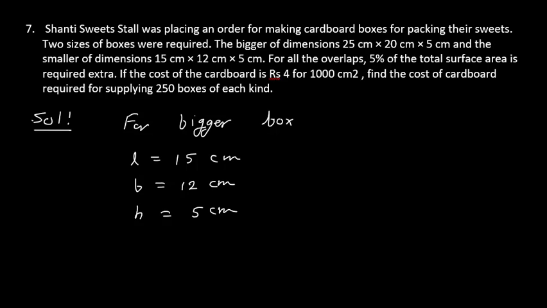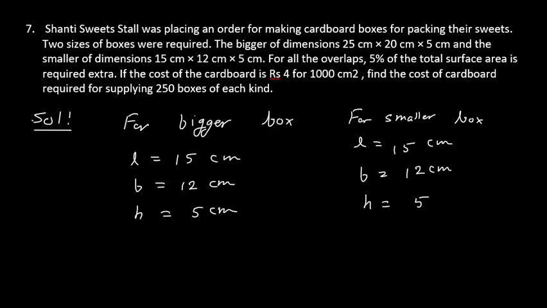And for a smaller box, this is given, right? A smaller box, length is 15 centimeter, breadth is 12 centimeter, and height is 5 centimeter.